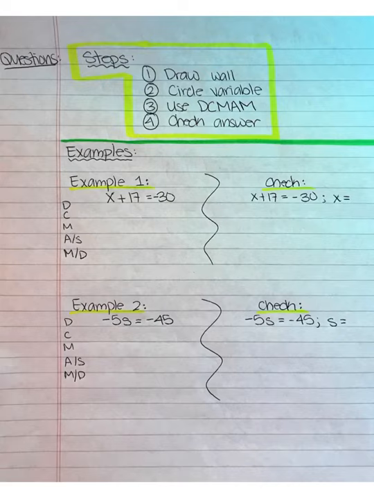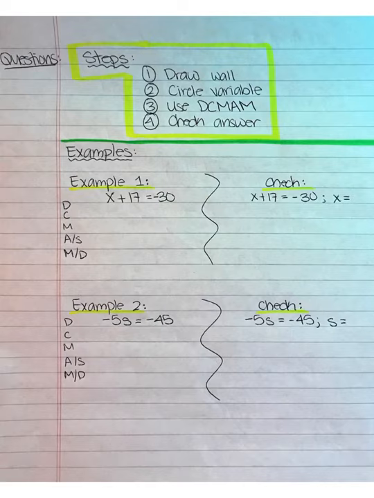That was the hard part. Let's get to the easy part, actually solving them. There are some very easy steps on how to solve simple equations, and actually all equations. One, we're going to draw a wall. It sounds weird, but we want to split our equation into 2 sides, the left side and the right side.